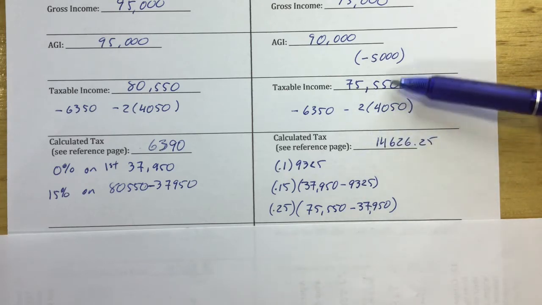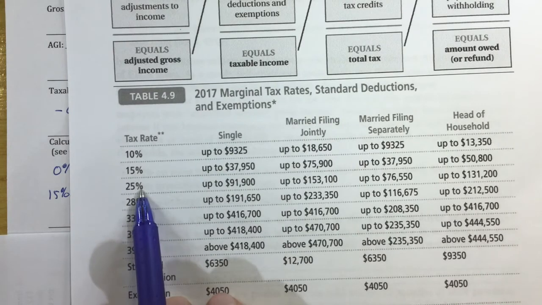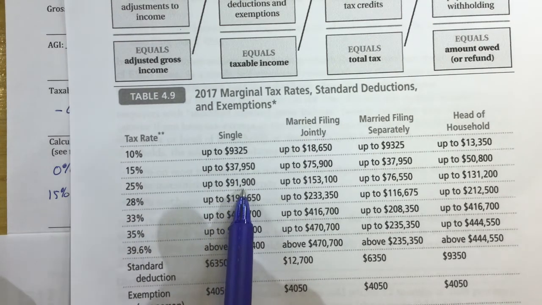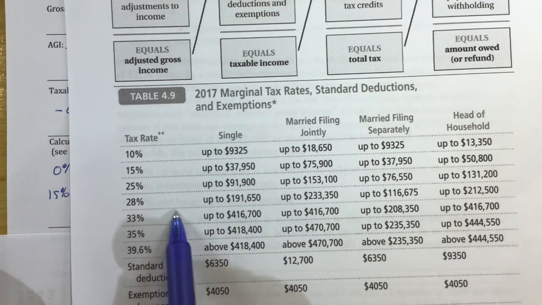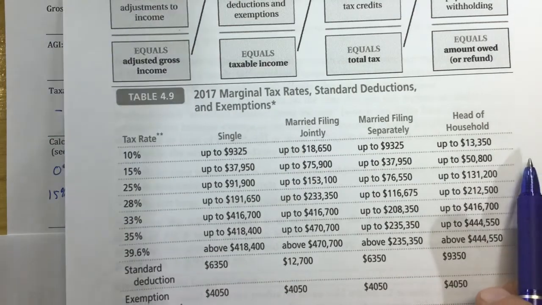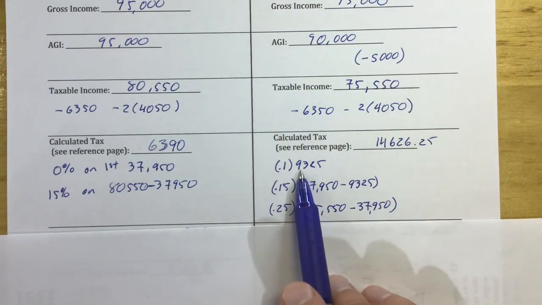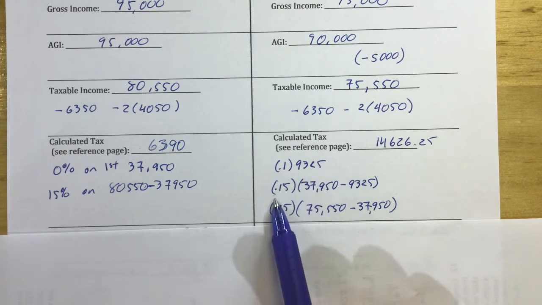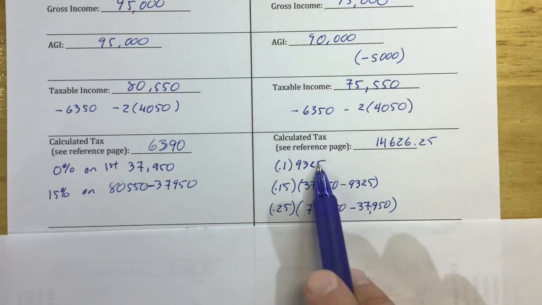Okay, so that amount, $75,000, is going to get into the 25% tax bracket because it is over 37 but less than 91. I noticed that it used to be 95,000, so it never got into the 28 because it actually dropped underneath that amount. All right, so we're going to do 10% for that first 9,325. We're then going to do 15% for all the money between the 37,950 and what we already paid there.